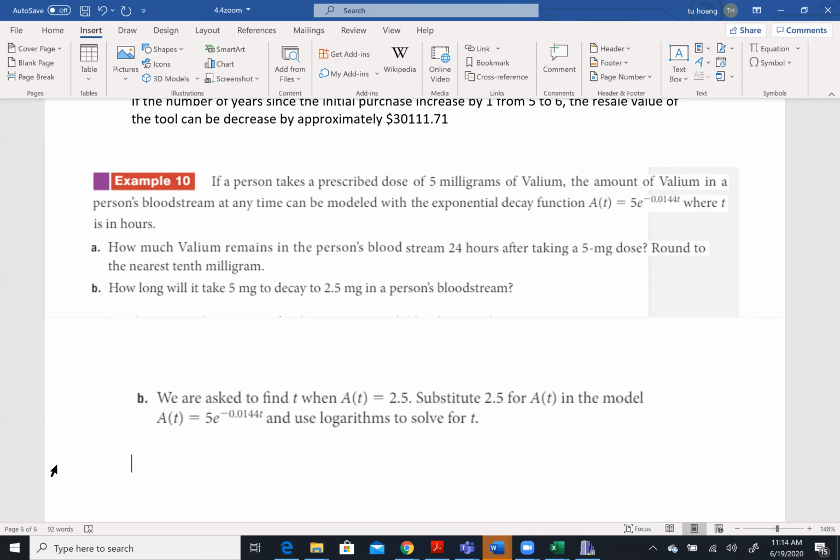How much remains in the person's bloodstream 24 hours after taking the 5 milligram dose? So you will need to round to the nearest tenth of a milligram.